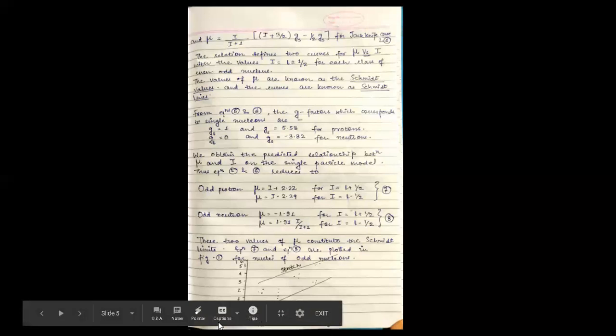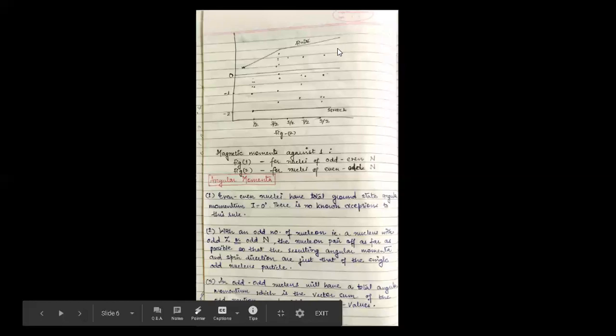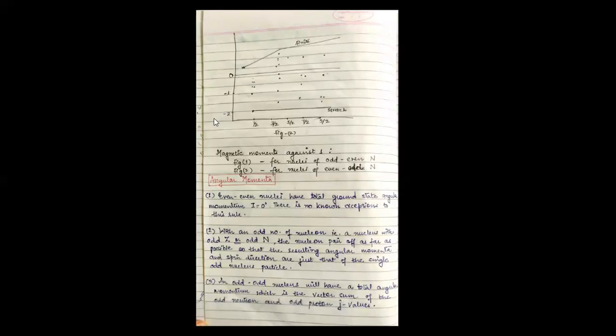And in the same diagram, the experimental values of the magnetic moment for some nuclei are also shown. Similarly, figure B shows the Schmidt lines for the odd neutron case for J is equal to L plus or minus 1 by 2, and the experimental values are also shown in the figure.